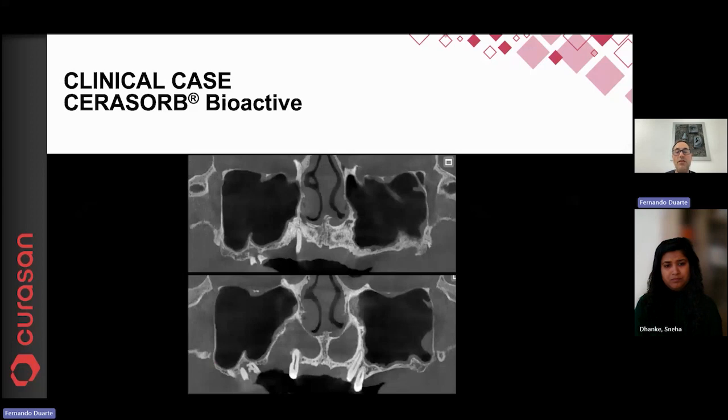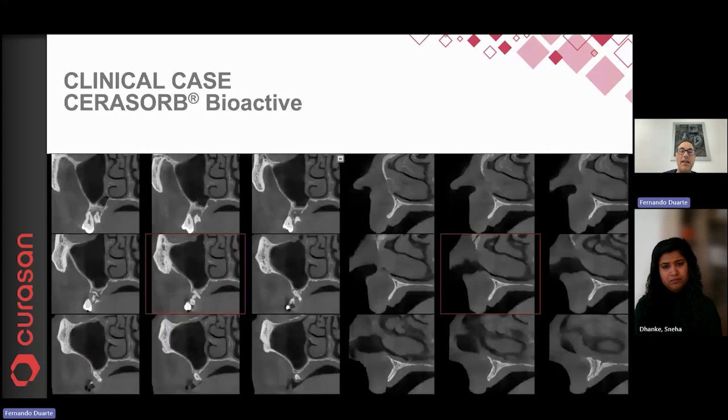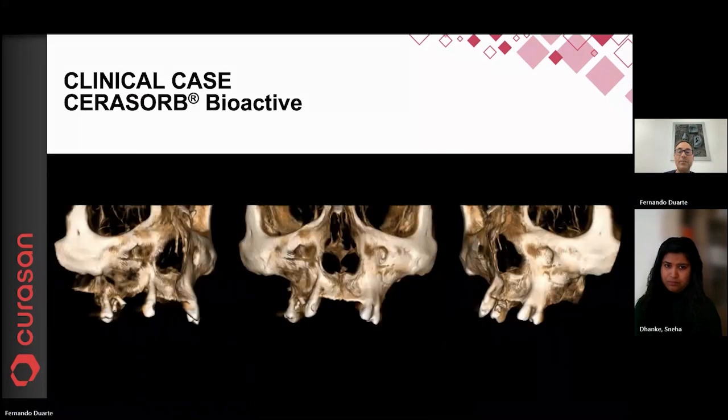And we have here the bone around the canines, but the problem was that the bone was very, very thin. Here it is. It's a complete lamina of bone. There was not enough bone to place implants, and it was a very challenging situation.